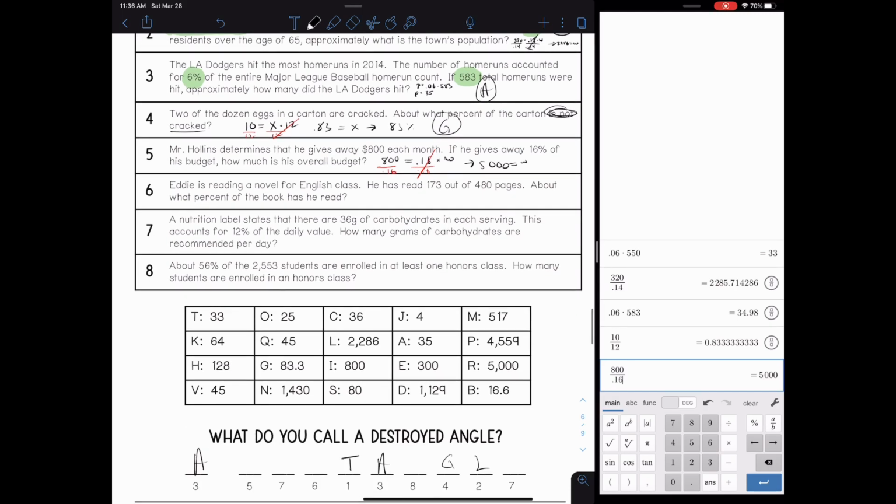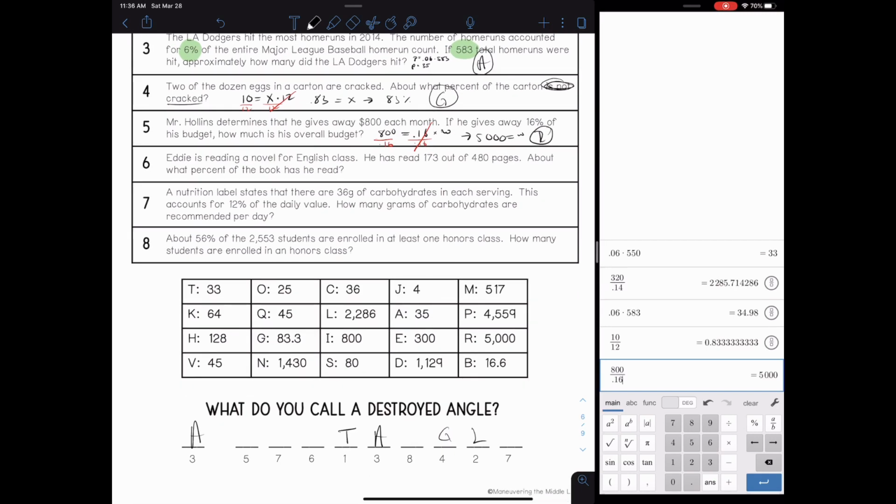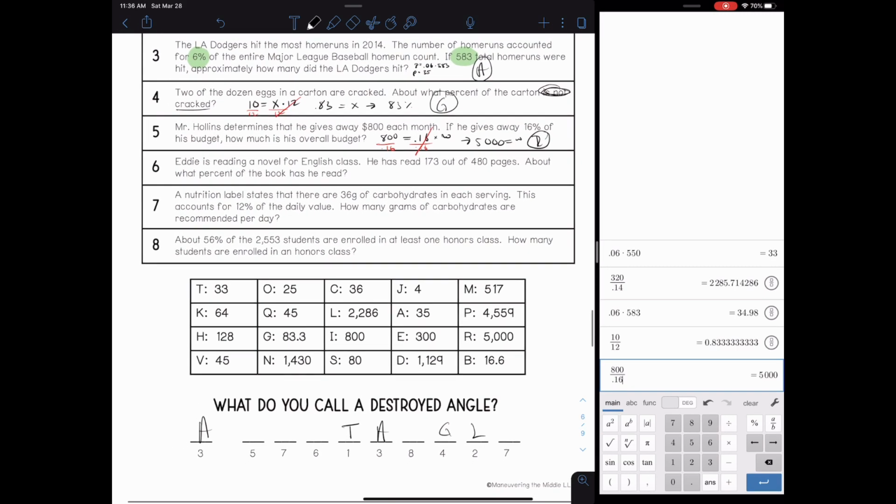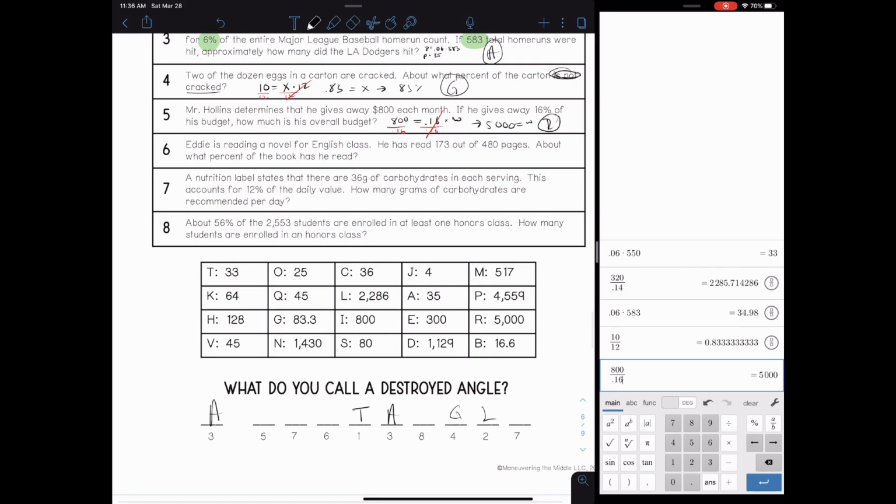So it's going to be, which letter is it? R. If I'm going too fast, remember that I did slow videos before this for this lesson. So maybe look at those videos and see if you're comprehending everything, because this is the homework part. So this is just quick practice. So number 5, wherever I see a 5, I'm going to put an R. Right there.